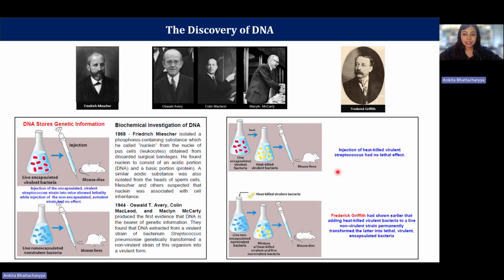And when heat-killed virulent bacteria were added to non-encapsulated, non-virulent bacteria, and this mixture was injected into mice, the mice were not able to survive. This is how Frederick Griffith showed that adding heat-killed virulent bacteria to a live non-virulent strain permanently transformed this second strain into a lethal virulent encapsulated form.